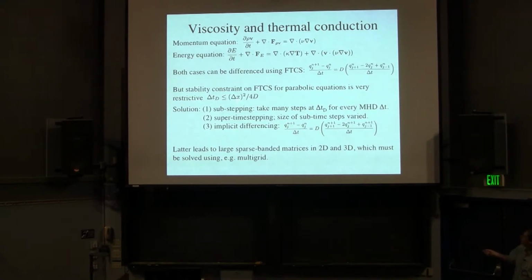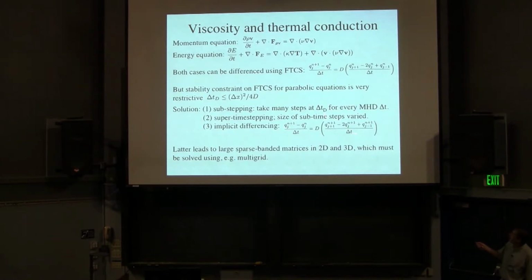So by using super time stepping, you can reduce the number of sub-time steps you need to take per MHD time step. So that's become a popular way to go. The only problem with it is that it requires some unknown coefficients, which you have to sort of calibrate from your calculation. You don't know a priori exactly what the right geometrical form of these time steps you have to take is.